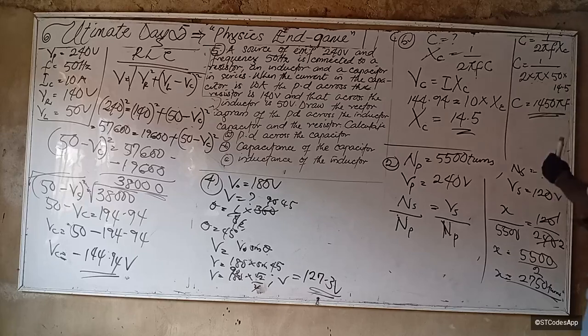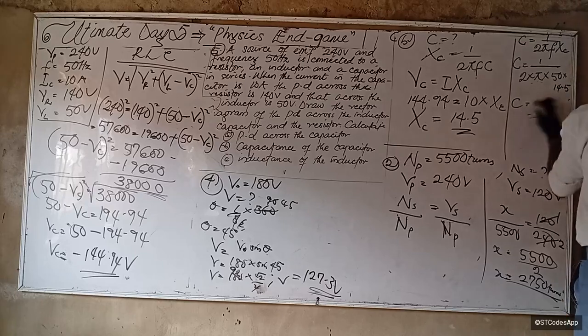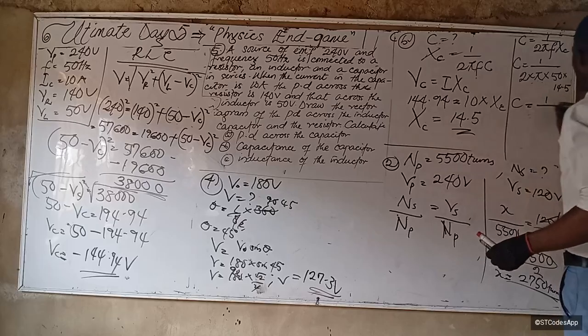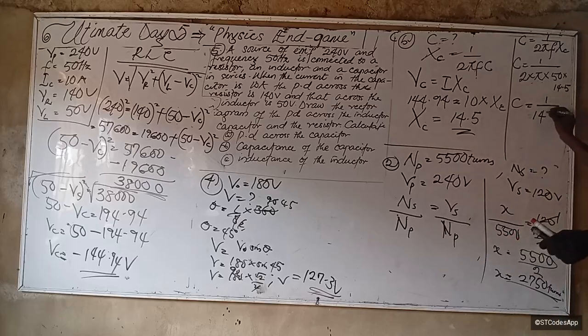So we got 1 over 1450 pi. Multiply 1450 times pi, that's times 3.142, then use it to divide 1.